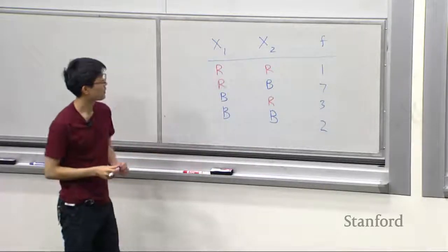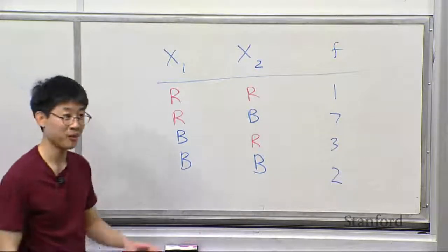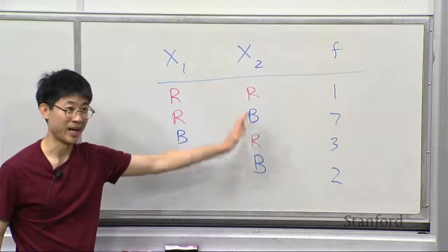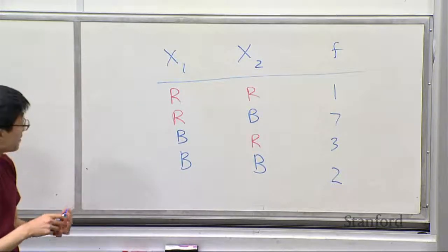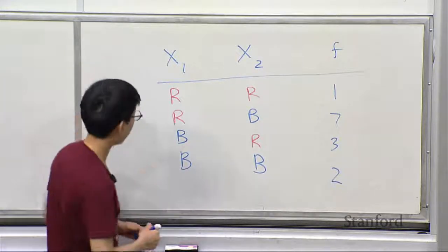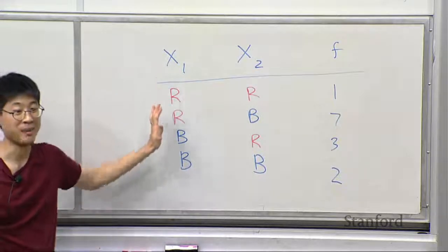Okay, so same factor as before. What I want to do is eliminate the variable x2 such that I don't have to think about it ever again. So first I'm going to think about x2's neighbor, x1.